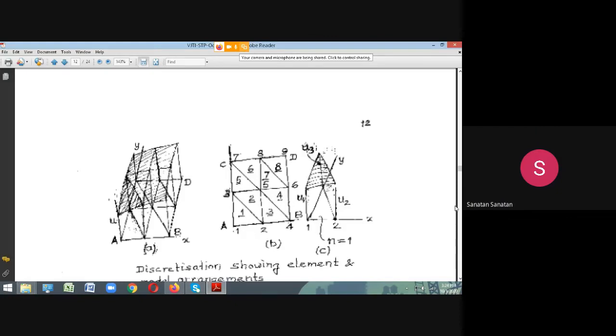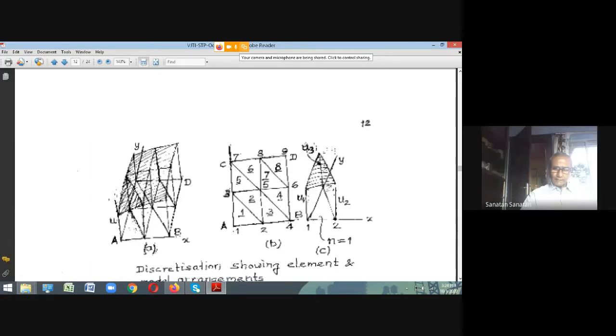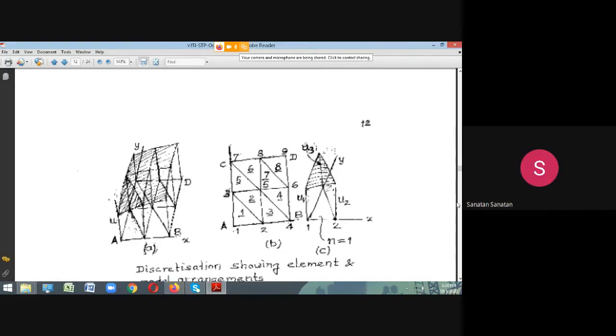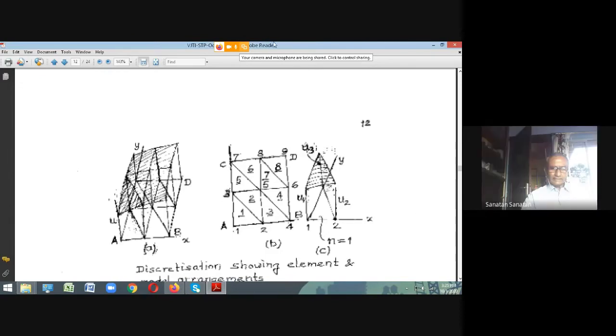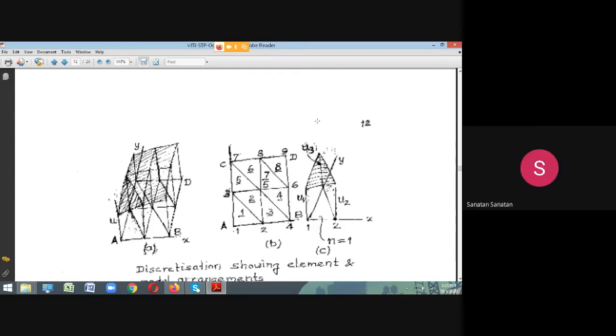It was actually rectangular. Now suppose I plot the displacement at every point of the body in this ABCD. I show it in the XY plane. So this is the X direction, horizontal direction, and the other direction is the Y direction. Look into those two directions, X and Y.